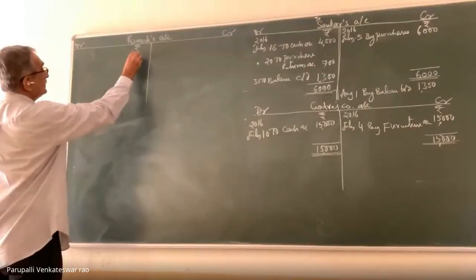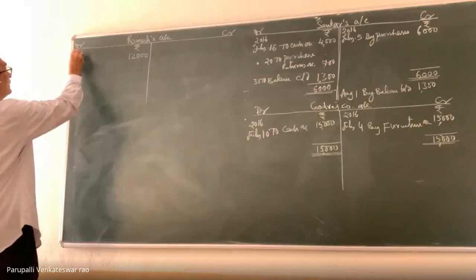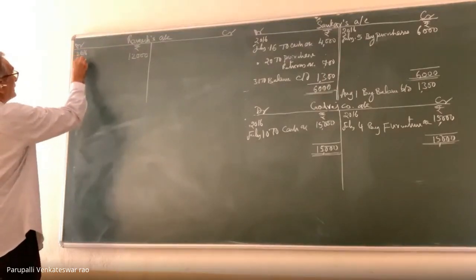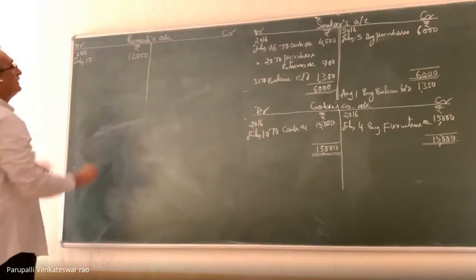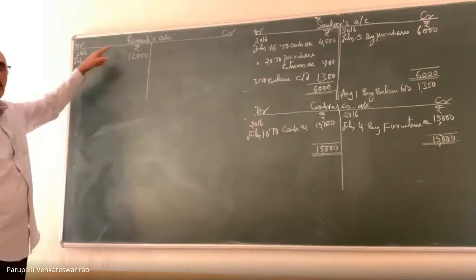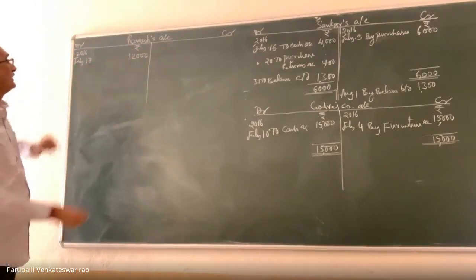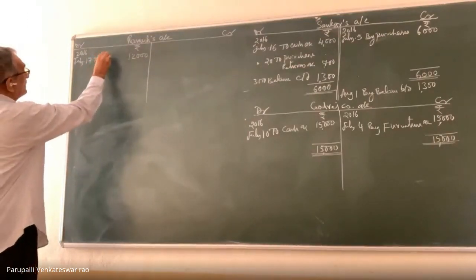So 12,000 rupees, Ramesh account was debited on 17th July 2016, to sale of goods account.